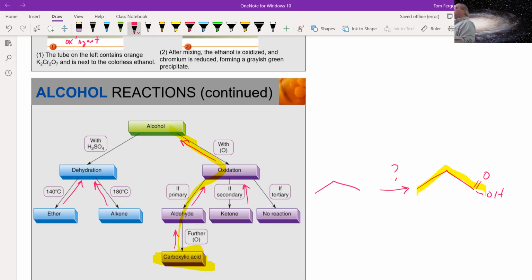Now the question is, which 3-carbon alcohol? Primary, secondary, or tertiary? Which do you think it'll be? Follow the reverse arrows, carboxylic acid at the bottom, go backwards. What's required? Primary or secondary or tertiary alcohol?